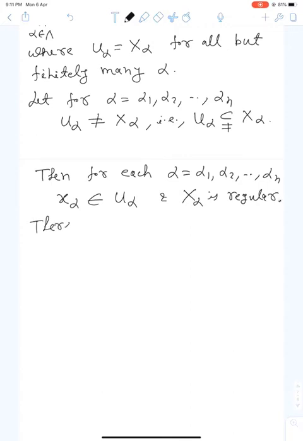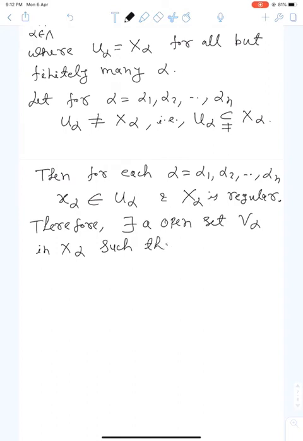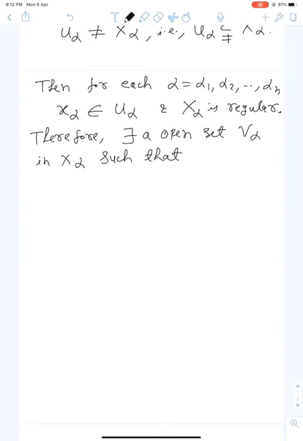Therefore, there exists an open set V alpha in X alpha such that x alpha belongs to V alpha and V alpha closure is a subset of u alpha.